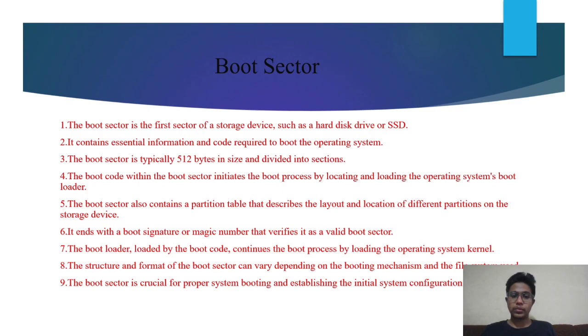The bootloader loaded by the boot code continues the boot process by loading the operating system kernel. The size and format of the bootloader can vary depending on the mechanism and the file system used. The boot sector is crucial for proper system booting and establishing initial system configuration.